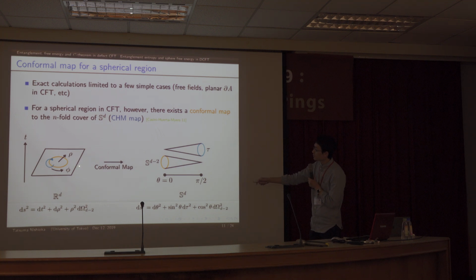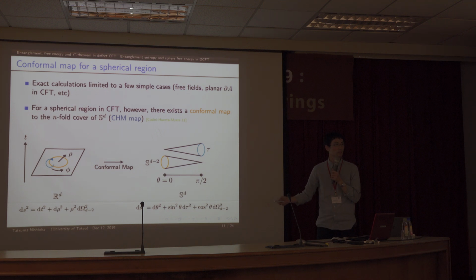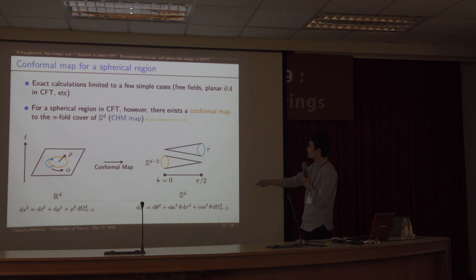Under this map, originally we had an orange curve, which is the boundary of the region A. This one is actually the d-2 sphere, which is now mapped to a d-2 sphere inside the d-dimensional sphere. Now I'm talking about the Euclidean theory. This sphere is located at theta equal to 0 in this figure, because it is codimension 2, so it should be located at a constant theta. And we also have to take the n-fold cover along this blue curve.